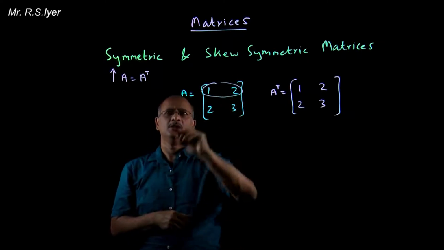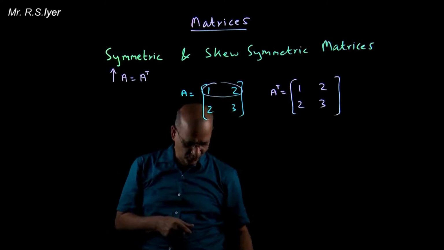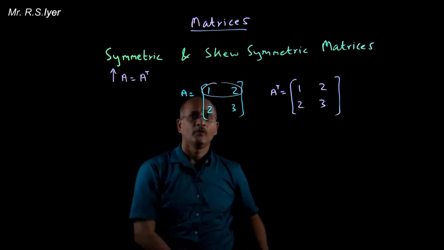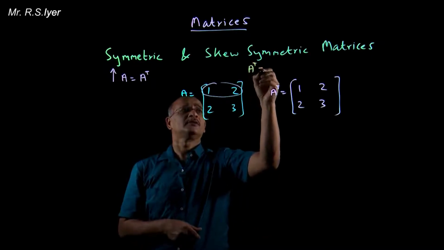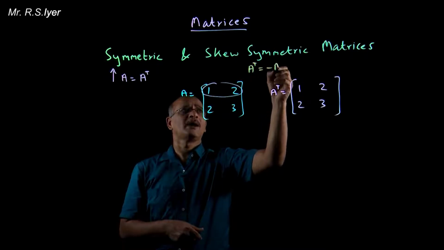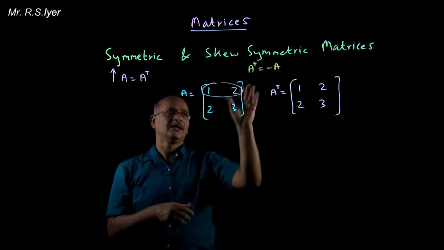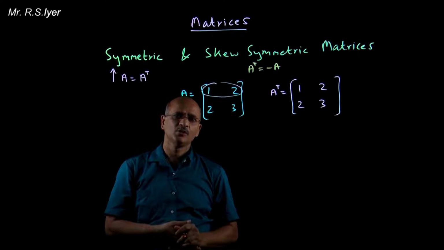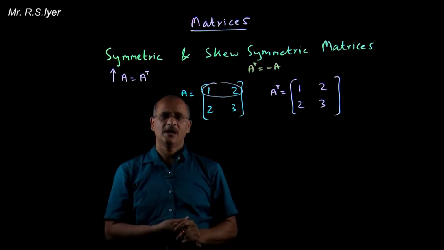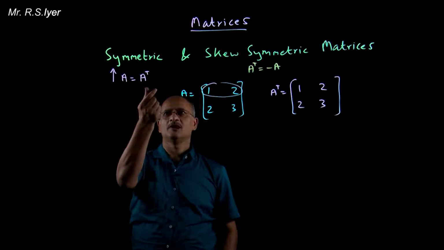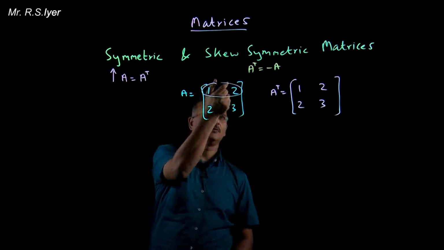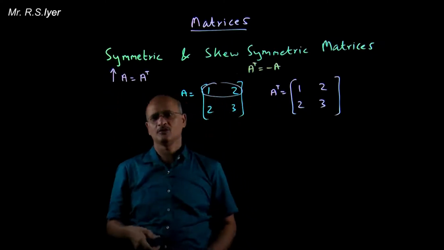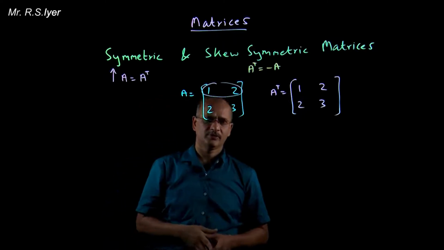When the transpose of a matrix is equal to minus of that matrix, then I say it is a skew symmetric matrix. I repeat, when a transpose is equal to the matrix, it is called symmetric. When a transpose is equal to the negative of that matrix, it is called a skew symmetric matrix.